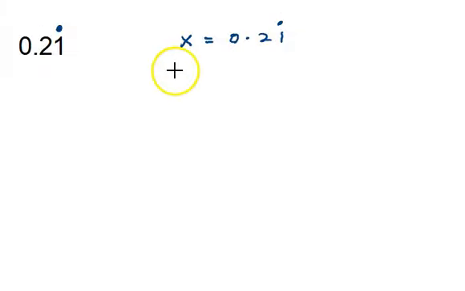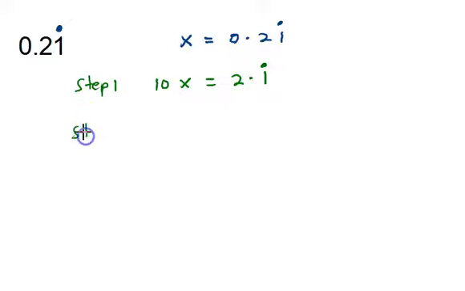Now I'm going to multiply both sides by 10. When I multiply by 10, you will have 2.1 with the 1 repeating. This is step 1.